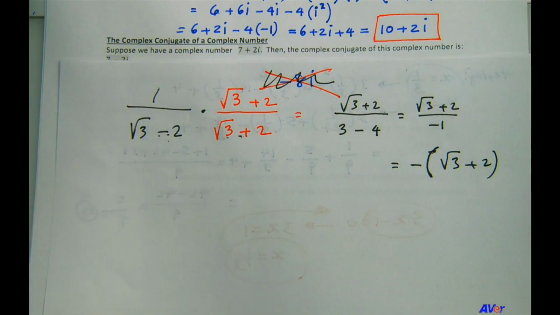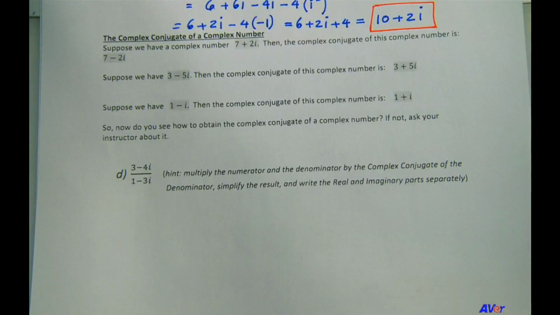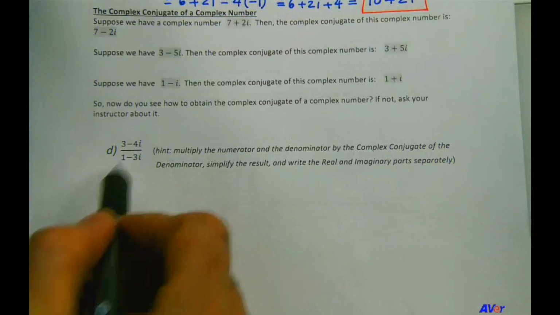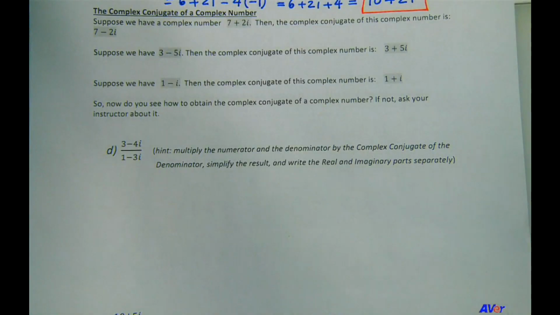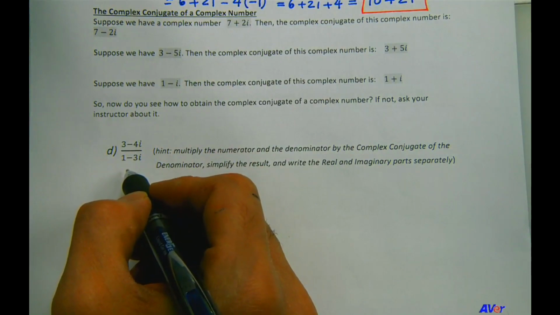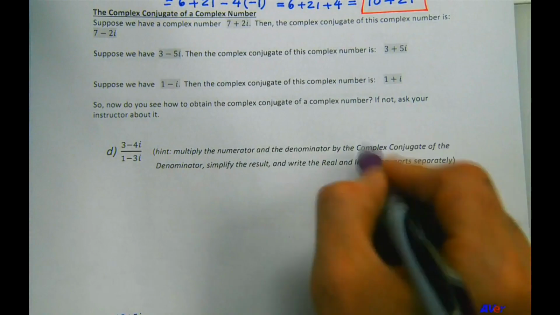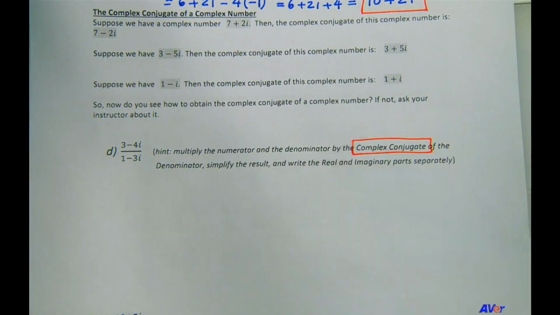Remember that? We're going to have to do that here because we do not want a complex number in the denominator of a fraction. So we're going to have to multiply this by what is known as the complex conjugate. See? Complex conjugate, right there.